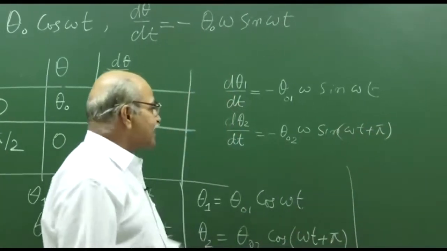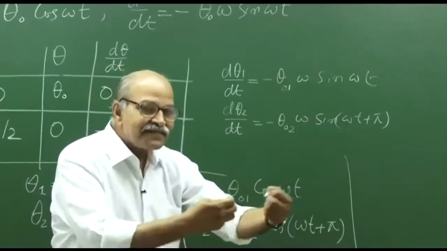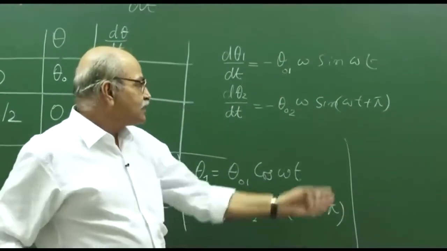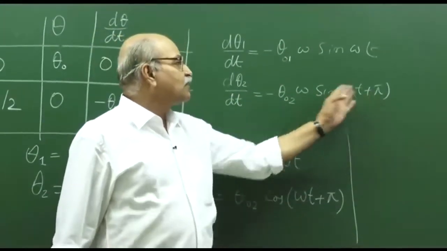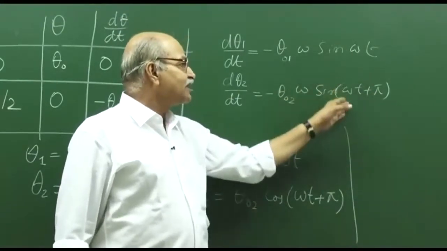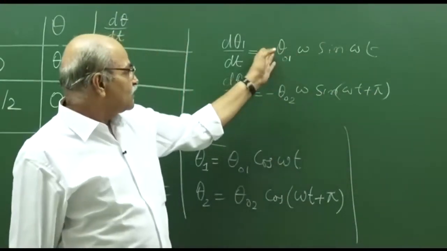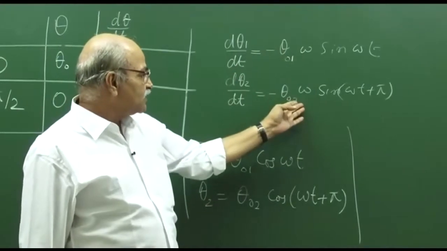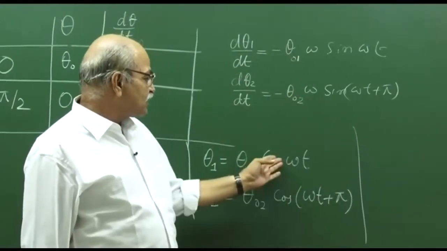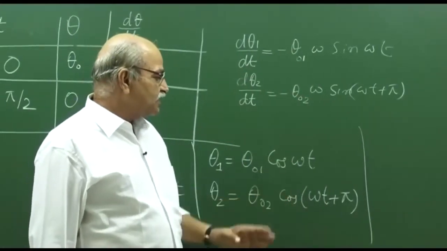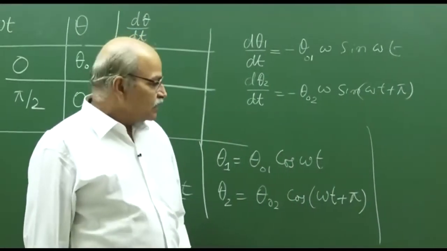So this also takes care of the different directions of velocities. Sine omega t plus pi is minus of sine omega t, so it is negative of that. So one velocity is positive, another velocity is negative. When one position is positive, another position is negative.